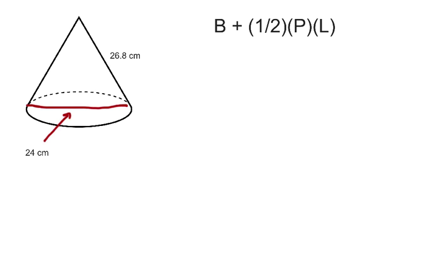Okay, a cone. Same exact formula. The only thing different, instead of perimeter, we're going to find circumference again. And to find the area of this base is pi r squared. My diameter is 24, so my r is going to be half of that, which is 12.